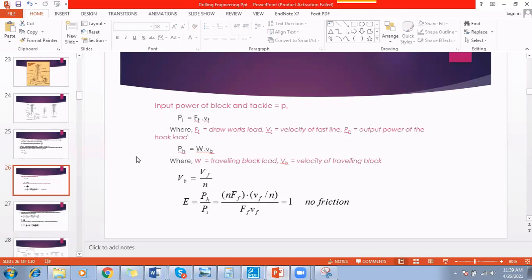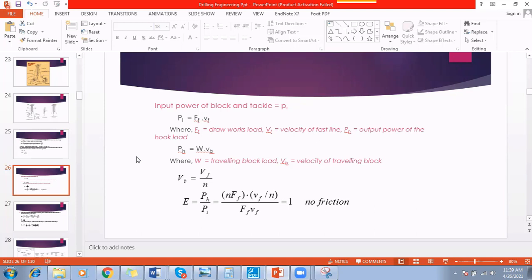Now, if we want to calculate the efficiency of block and tackle, then what we have to do is calculate the input power and output power, because you know that whichever subject you are usually discussing, whenever you are calculating the efficiency, you have to calculate the input and output power.